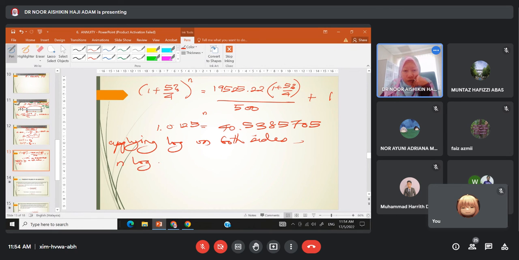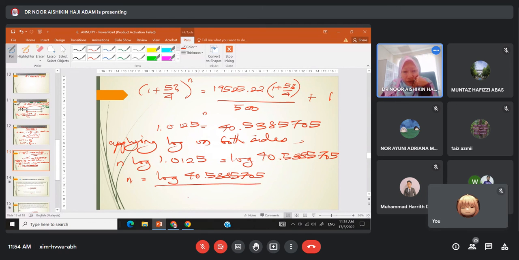So dia ada n log 1.0125 equals to log 40.5385705. So n equals to log 40.5385705 over log 1.0125. Cuba kira, dapat tak?